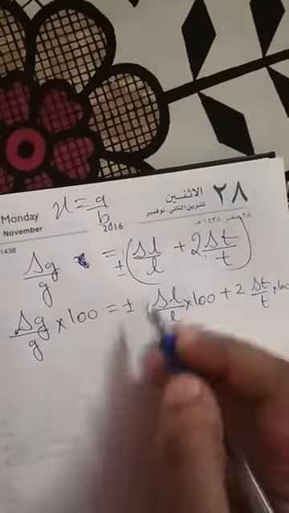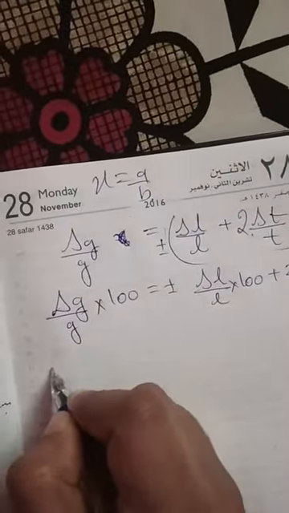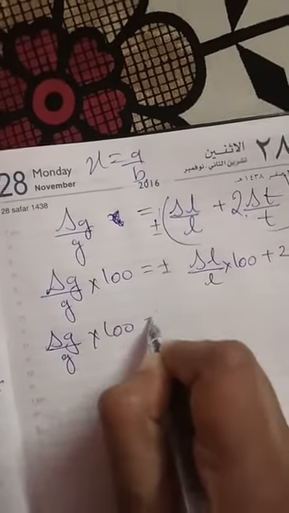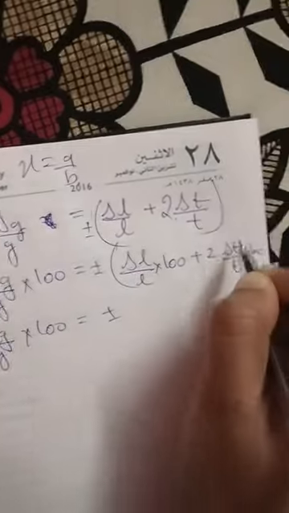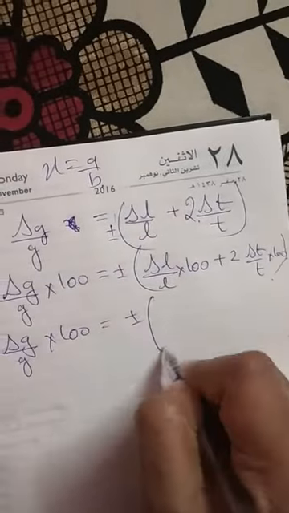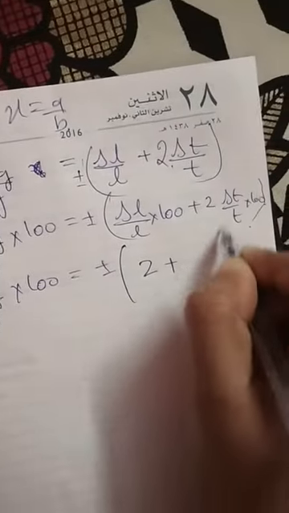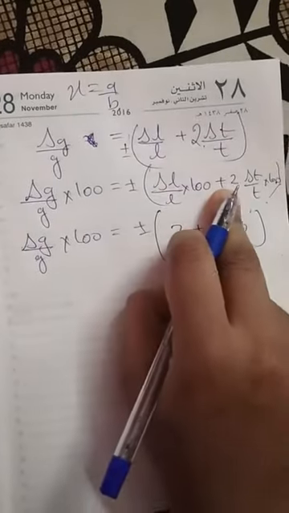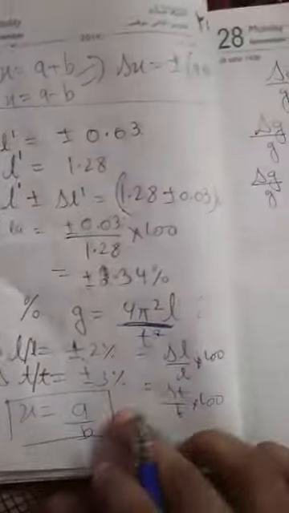Of course. So what we got is delta G over G into 100 is equal to plus minus, I forgot to put the bracket, 2% plus 2 into 3%. The 2 is already in the raised power, so we took out 2 with delta T over T into 100, which is 3%.